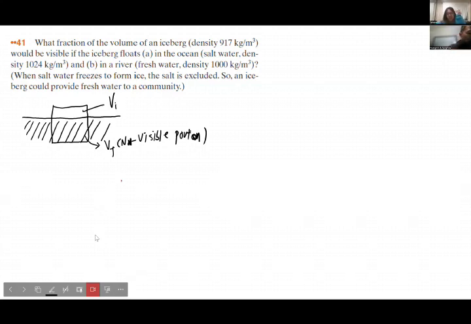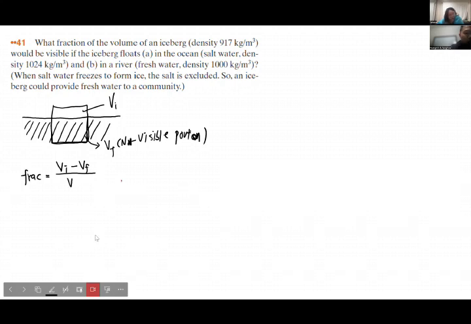So this VF could be the volume replaced by the fraction of iceberg under the water. So the fractional ratio could be formulated with the total volume of the iceberg and the fractional volume of the water replaced by the iceberg.